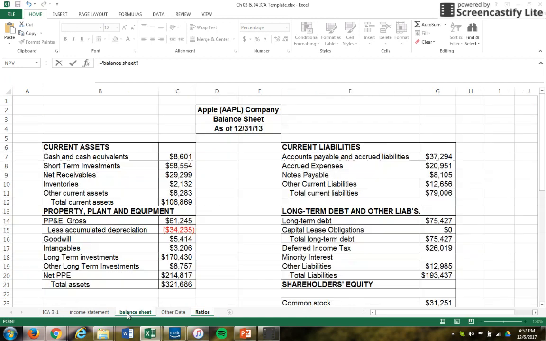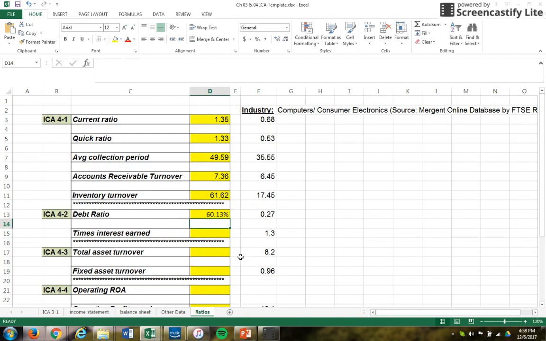We look for total liabilities, not total current liabilities: $193,437 in cell G20. We divide that by the organization's total assets of $321,686, cell C21. That gives us a debt ratio of about 60%, which tells us about 60% of Apple's assets were financed through debt, through short and long-term liabilities.